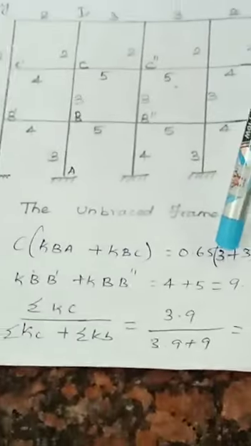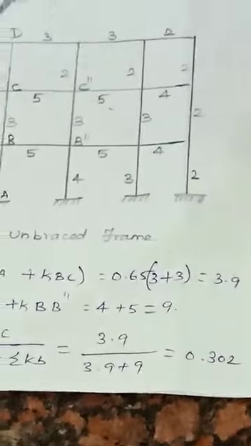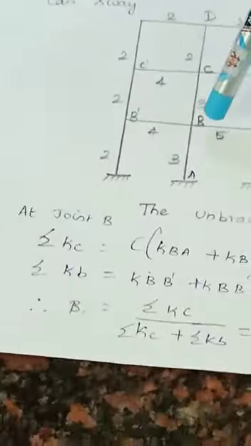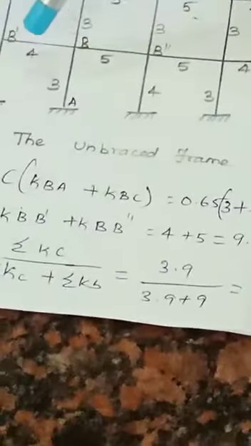So 0.65 into (3 plus 3) is 3.9. Coming to the sum of KB, we have to take horizontally, that means beams B dash and B double dash. Here B dash is 4 and B double dash is 5. There is no need of the connection factor because it is a beam. So 4 plus 5 is equal to 9.